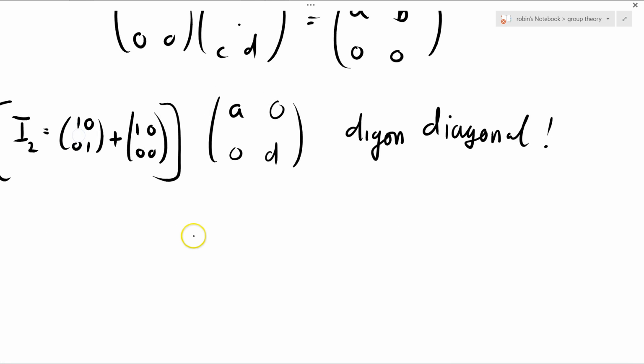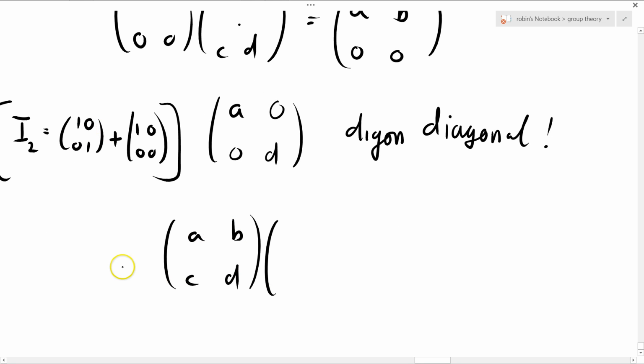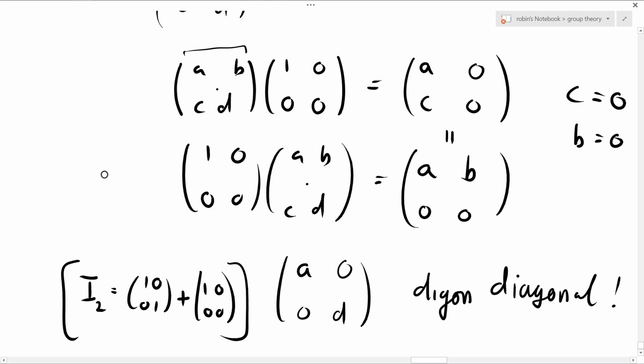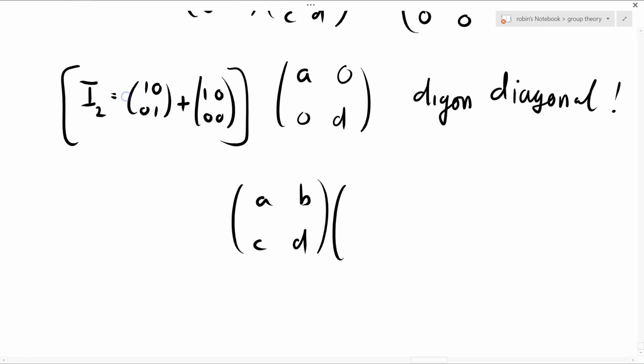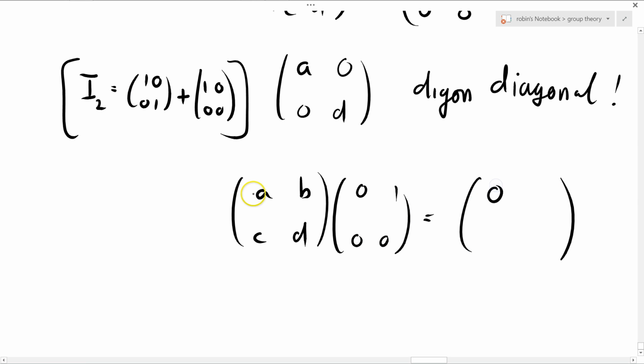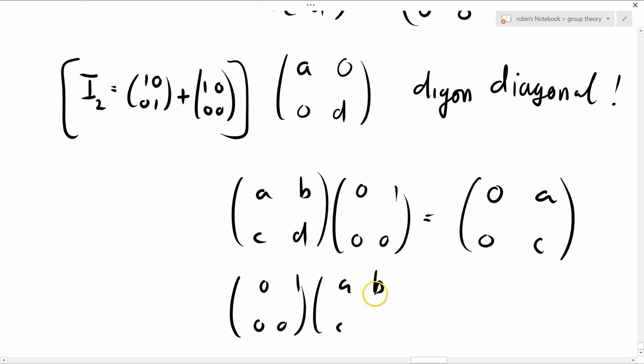A, B, C, D times, I'm going to put the 1, see it's top left here, I'm going to put it top right. Okay, so that's a 0, that's an A, that's a 0, and that's a C. Let's do it the other way around. 0, 1, 0, 0 times A, B, C, D equals this.